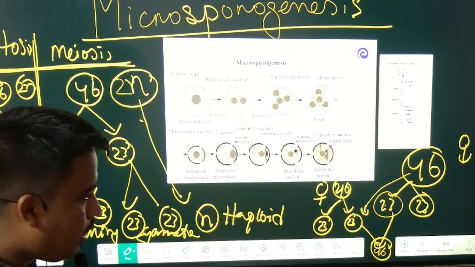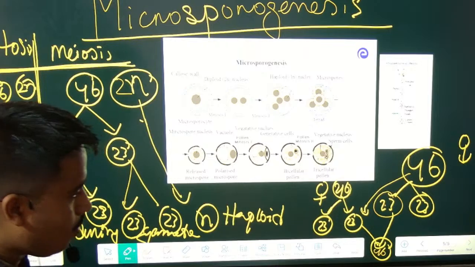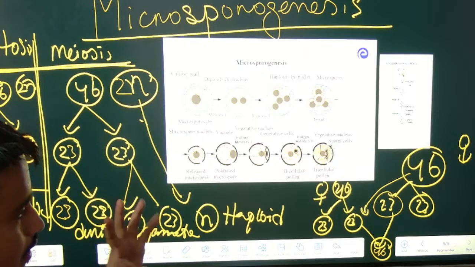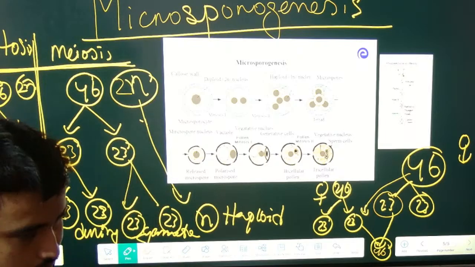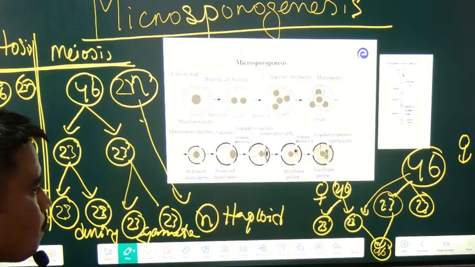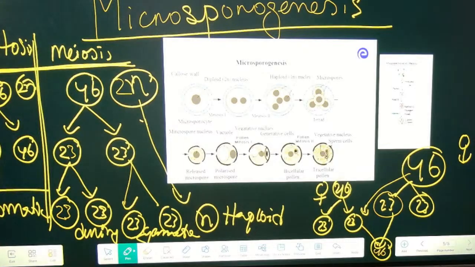Zygote will not be produced at that time. So for the reproduction process, meiosis is very important. By meiosis, the number of chromosomes remains constant in any organism, like in plants, animals, whatever the organism is.